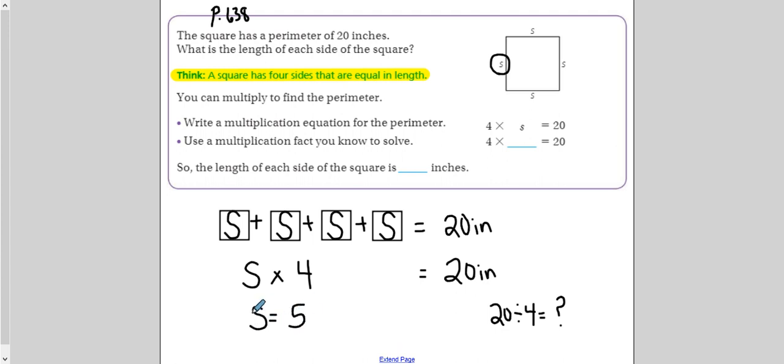And now you can see why s is not always a good variable to use. But we'll go ahead and use it in this example here. So a square is pretty easy.